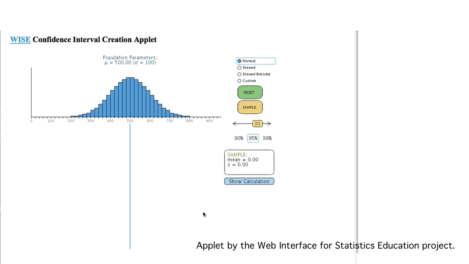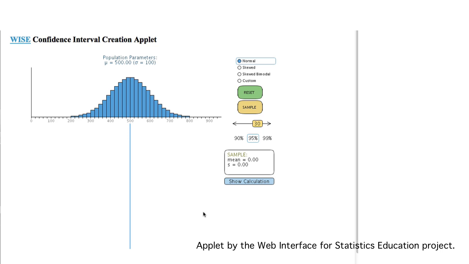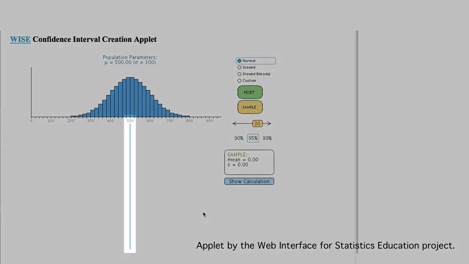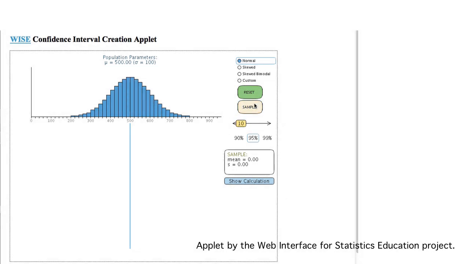This time, we'll start with a normal distribution. This normal distribution has a mean of 500 and a standard deviation sigma of 100. 500 is our theoretical parameter that we want to estimate, and it's marked by the vertical bar below the histogram. We'll also work with a sample size of 10.